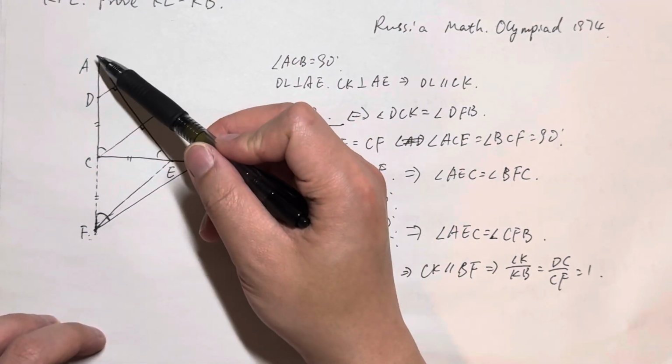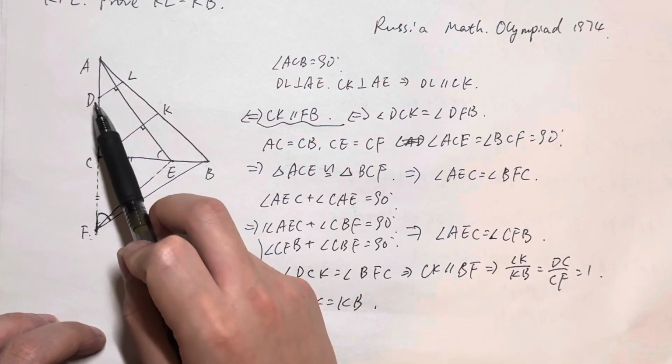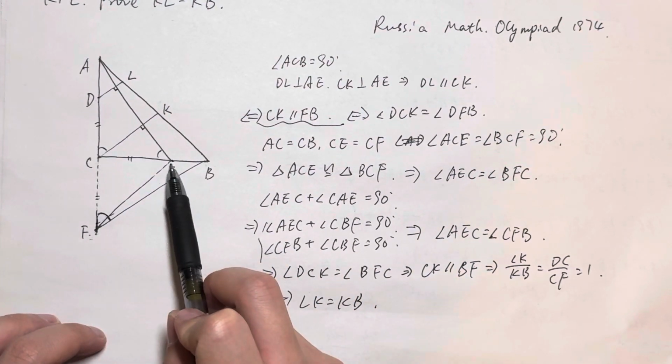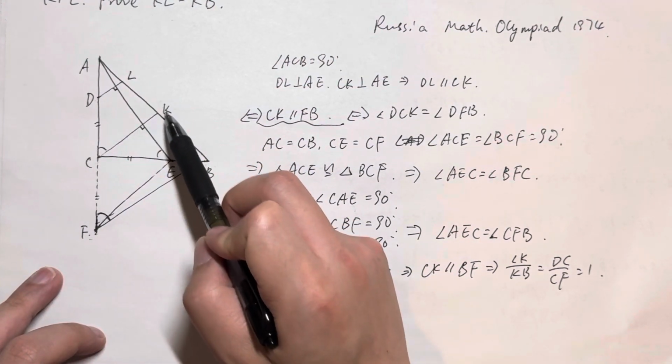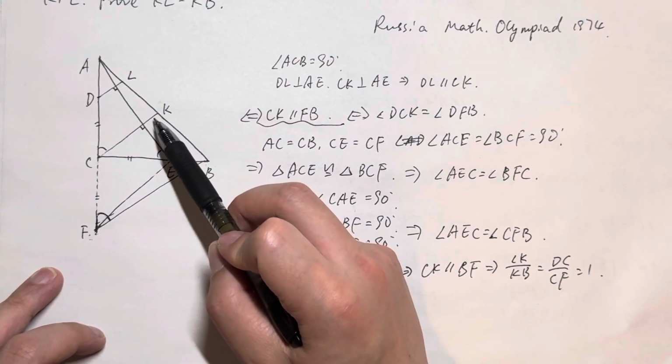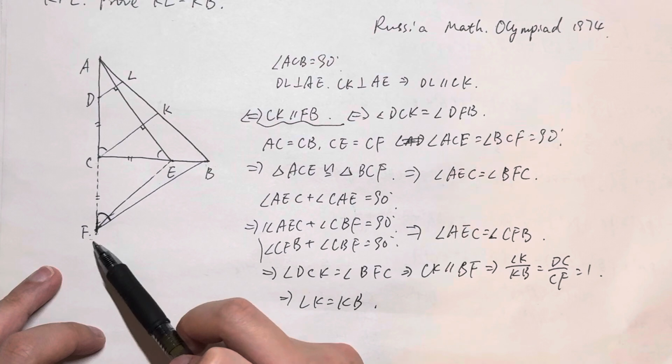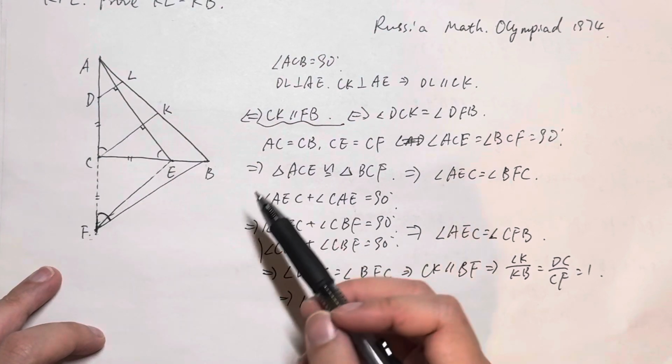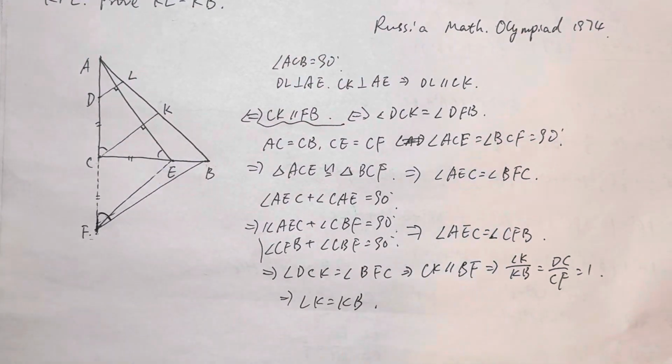Because we know that AC equals CB and CD equals CE, and we want to prove these two are equal. We already know this is a parallel line, so the natural thought is that we find another parallel line here and find all the relationships between segments.